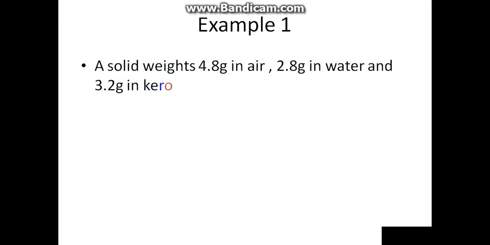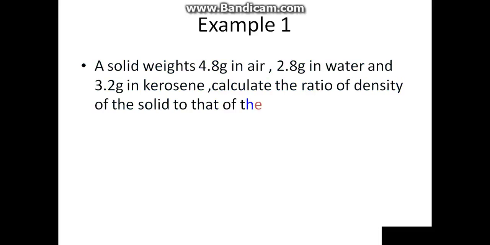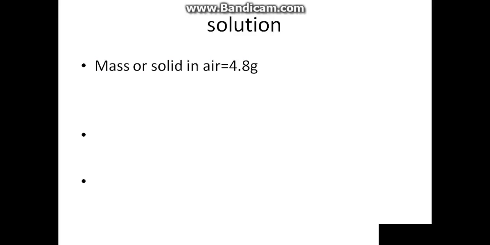Example 1. A solid weighs 4.8 grams in air, 2.8 grams in water, and 3.2 grams in kerosene. Calculate the ratio of density of the solid to that of the kerosene. Solution. Mass of solid in air equals 4.8 grams. Mass of solid in water equal to 2.8 grams.